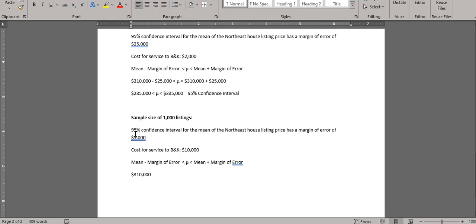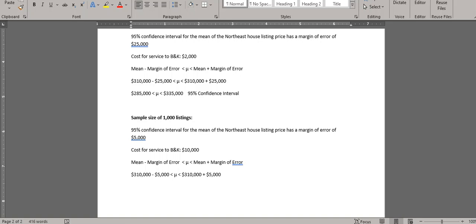The margin of error in this case is 5,000. And then I have 310,000 on the right, plus the margin of error, which is 5,000 in this case.